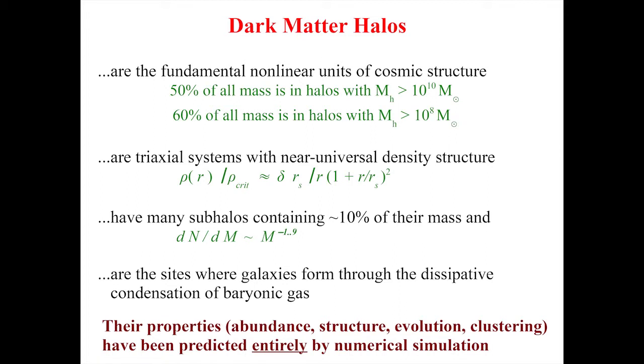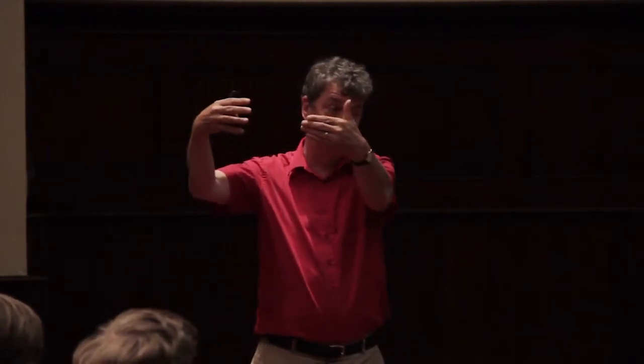But everything we know about them, these are all very nonlinear objects. I would argue their abundance, their structure, their evolution, and their clustering, what we know, or we think we know, has been entirely the result of numerical simulation. So this is the point where, in the theory, the numerical simulation allows us to take what we think we know about the early universe that we see in the microwave background, and predict what the universe today should look like.